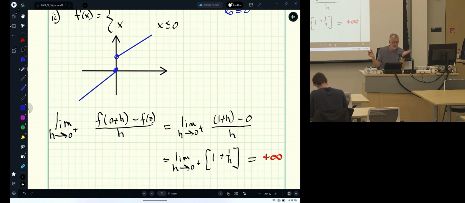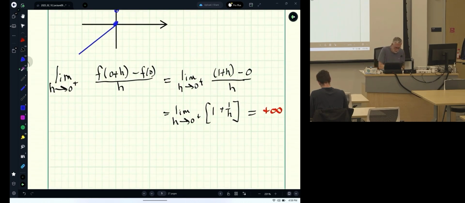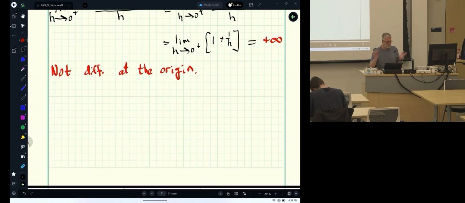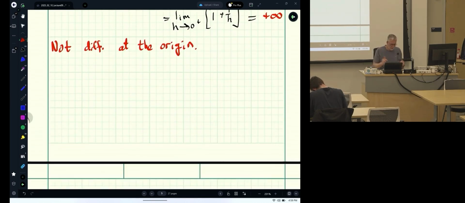It's infinitely steep, so that's how you can double check your intuition. Okay, so I'm going to abbreviate differentiable at the origin. Okay, so these counterexamples are all part of a kind of general fact here.